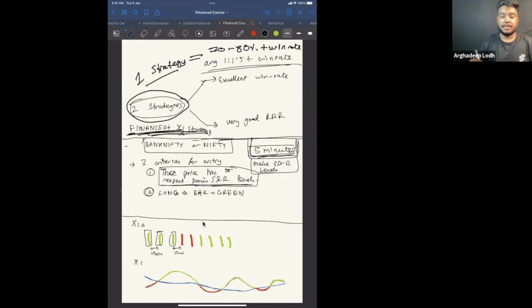The bar has to be green, and the line, the X1 index line, बेसिकली ये जो लाइन है, सिंपल वर्ड्स में ये जो कार्व लाइन है जो ऐसे ऐसे जा रहा है, this line has to be green above the blue median line.